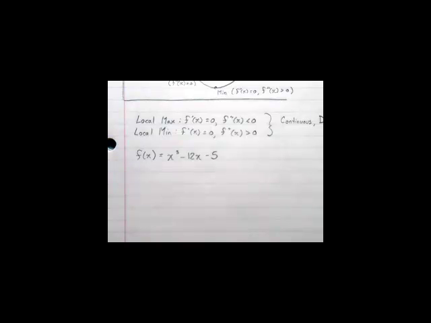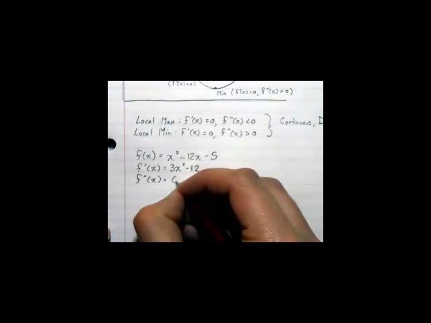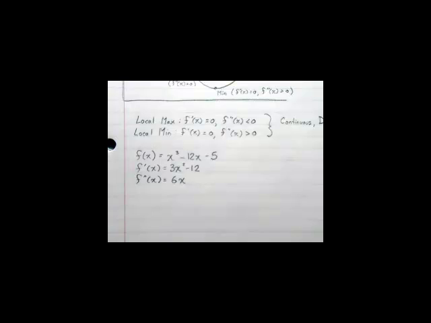First and second derivatives, yes. If I'm going to use the second derivative test, I do both. So start with that. First derivative, 3x squared minus 12. Second derivative, 6x.